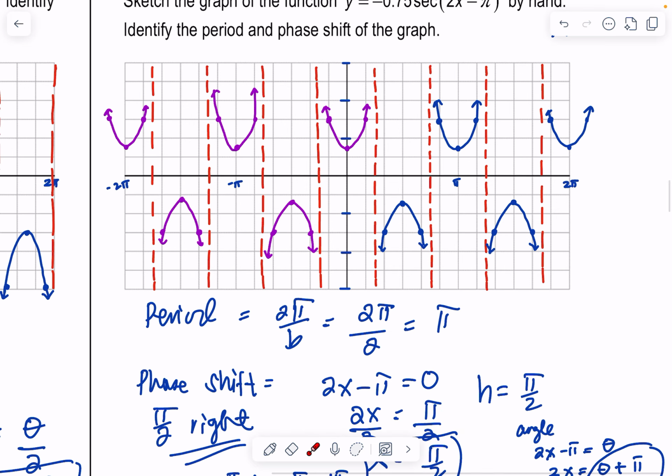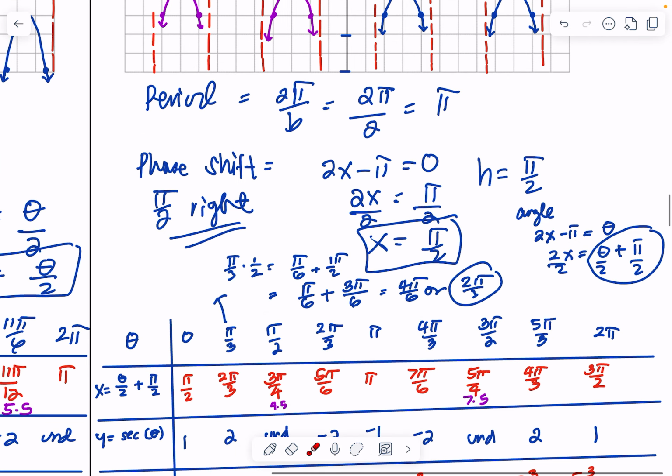So we have 1, 2, 3, 4, 5/6 right over here, which is positive 1.5, and then a pi, which is 0.75, and then 7/6 pi has a 1.5 to connect the points, and then a vertical asymptote at 5 pi over 4, and 5 pi over 4 is at 7.5.